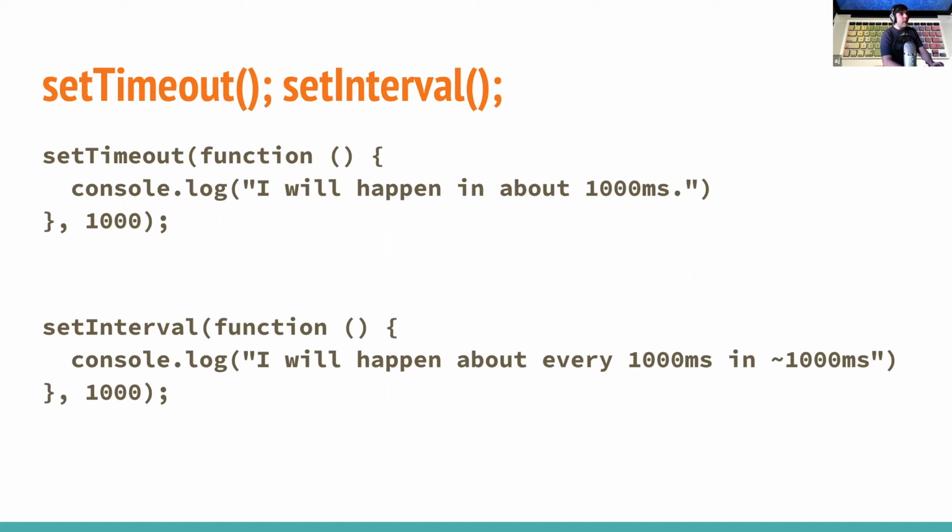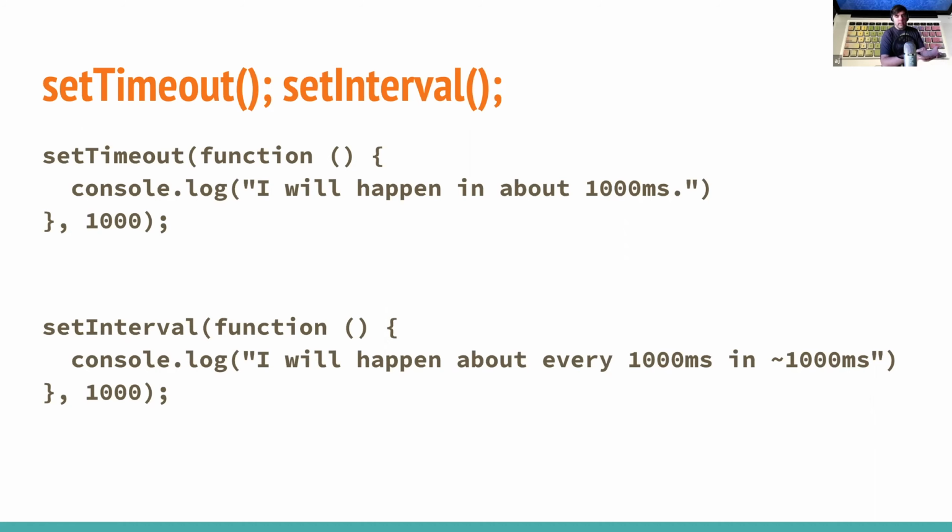Moving on to SetTimeout and SetInterval. These are our old friends. Oh, and another thing that I could have mentioned earlier: as long as there's something in the event loop, the process doesn't exit. So if your Node program just prints out console.log hello world, then it prints out hello world and exits, and you're back at your terminal.